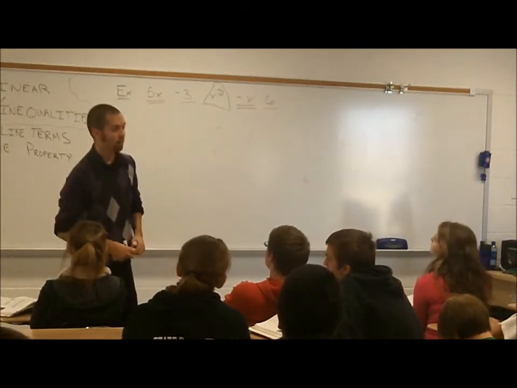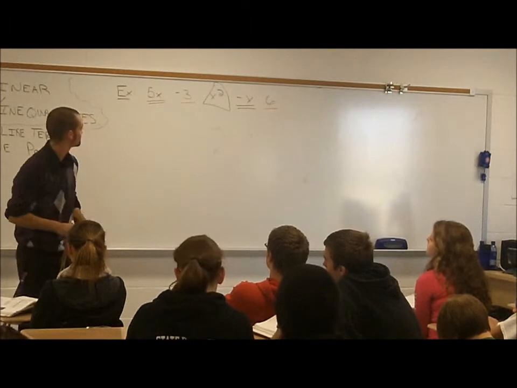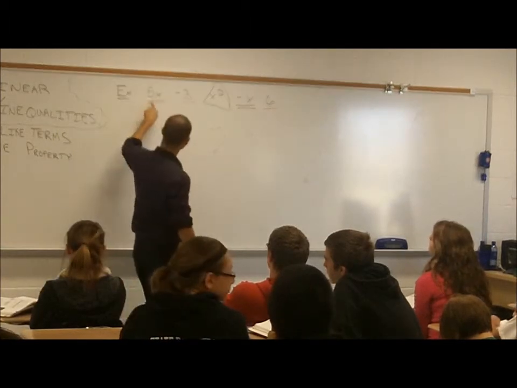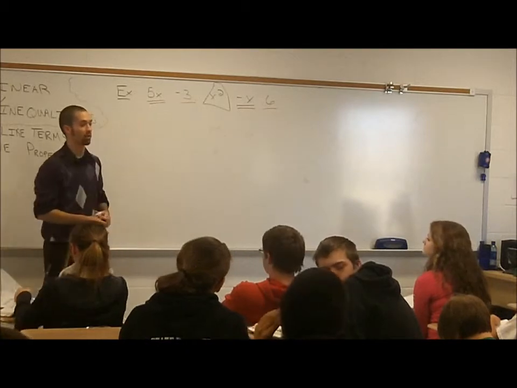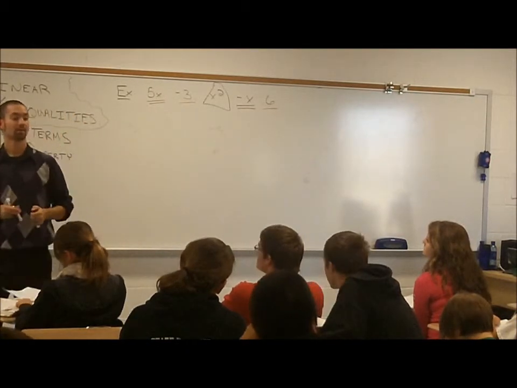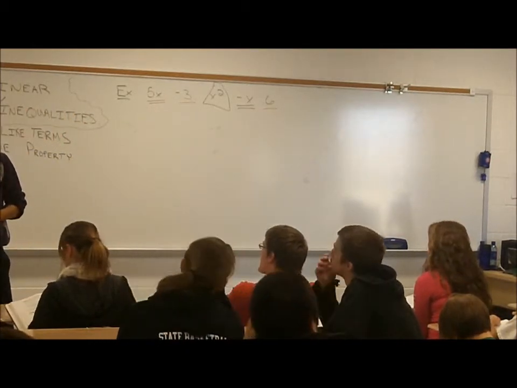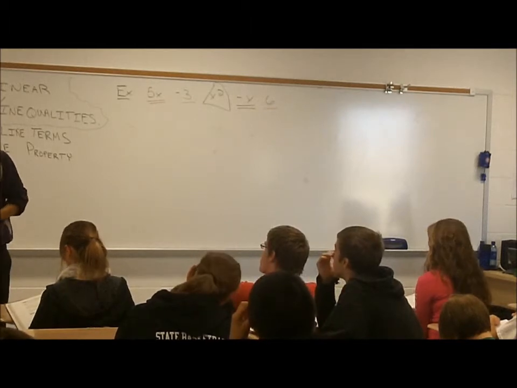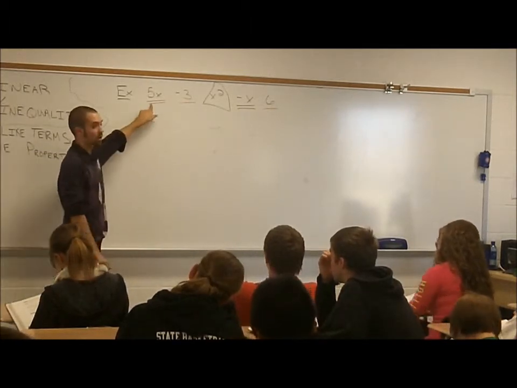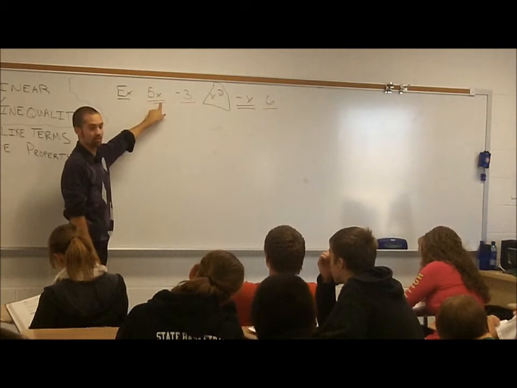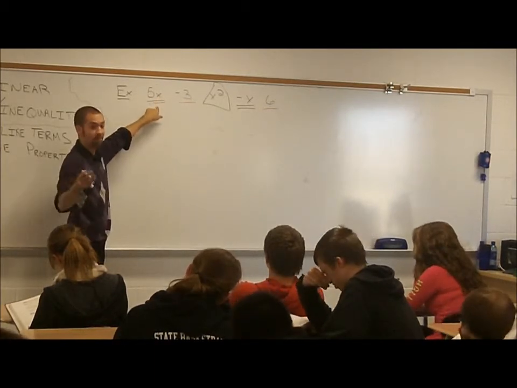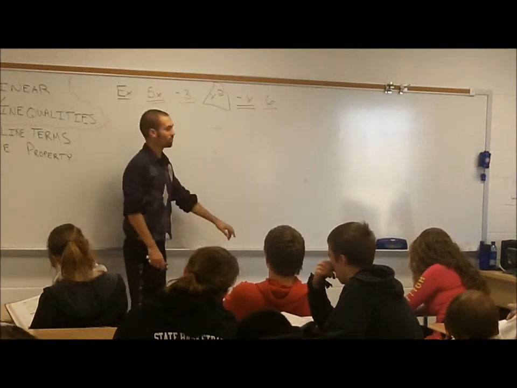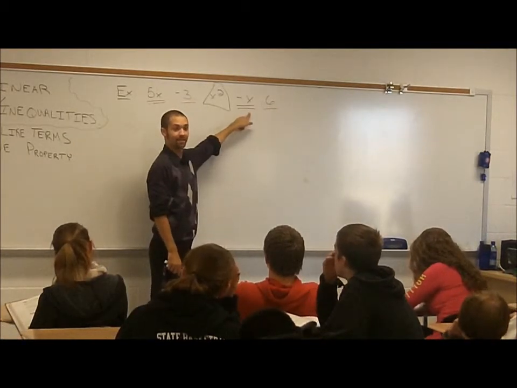Okay? Vocab check. Jasmine. The numbers in front of the variables, what do we call those? Coefficients. Okay? What's the coefficient of this x? 5. What's the coefficient of this x?